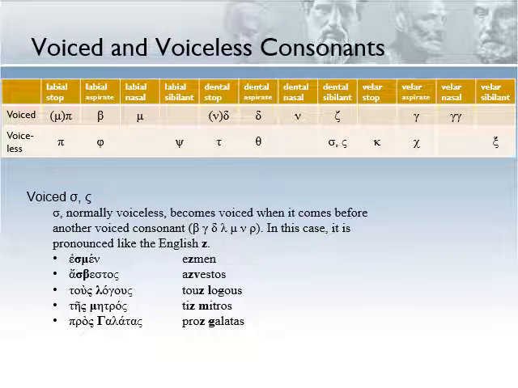Next one, notice again, sigma occurring before a voiced gamma. Now, in that second word, if you're not quite familiar with the capital letters yet, that first letter in the second word is a capital gamma. So this would be prosgialatus.